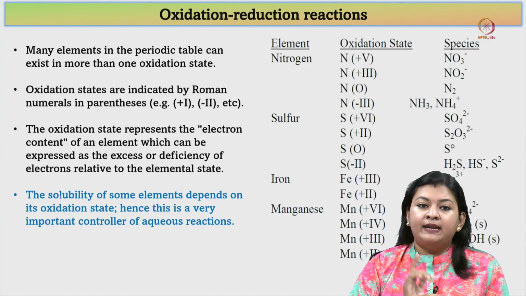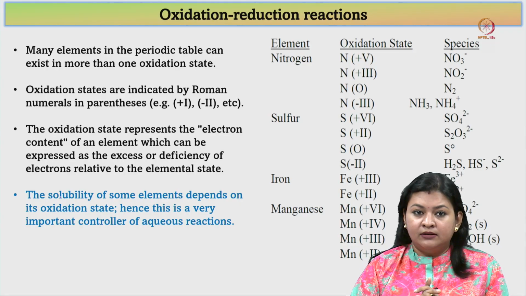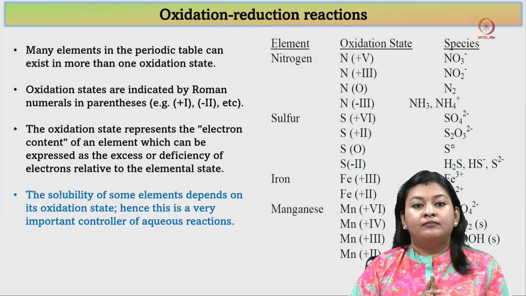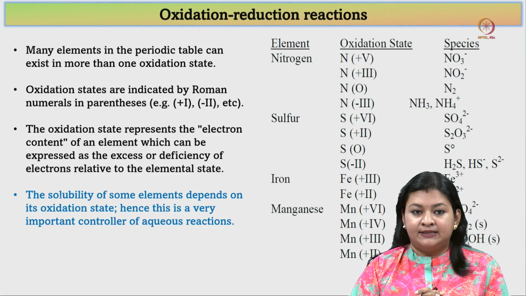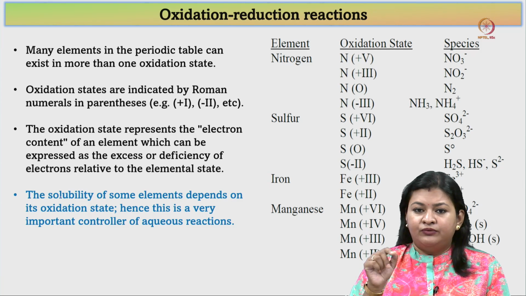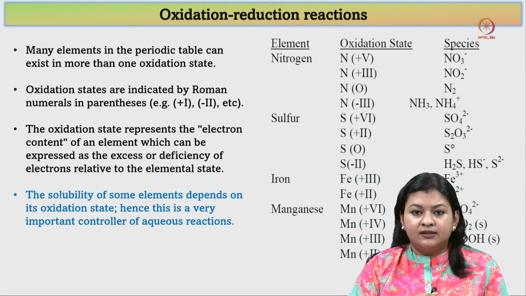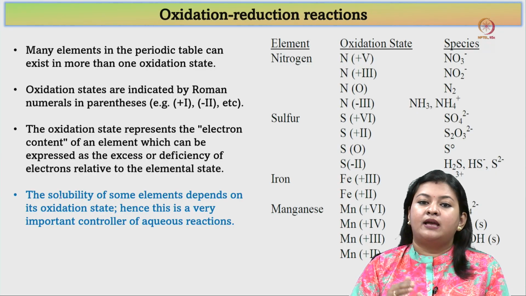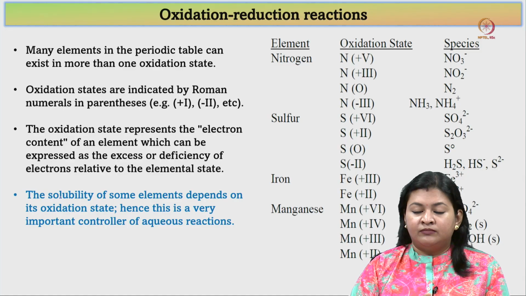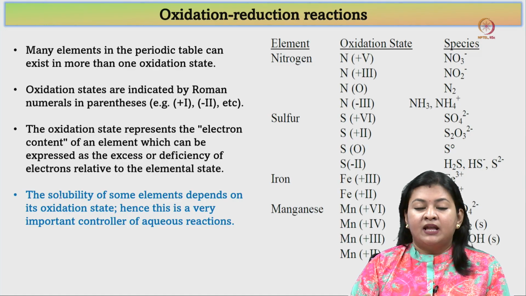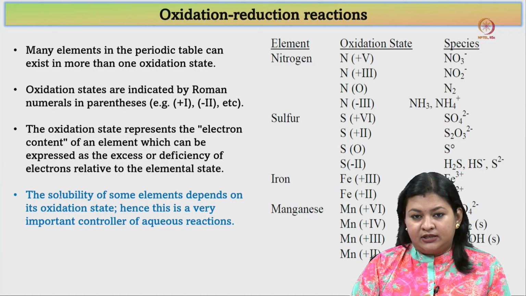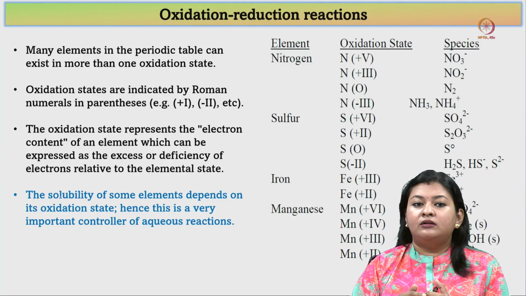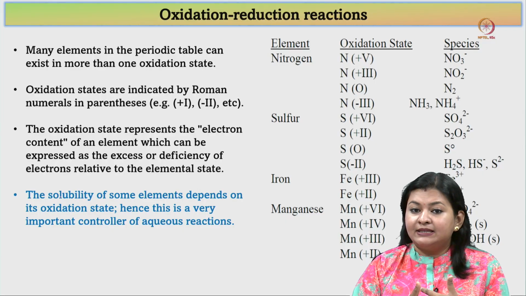Many elements in the periodic table can exist in more than one oxidation state, and of course, we know from our chemistry classes that they are denoted by Roman numerals, given with plus and negative symbols. The oxidation state represents the electron content of an element, which can be expressed as an excess or deficiency.